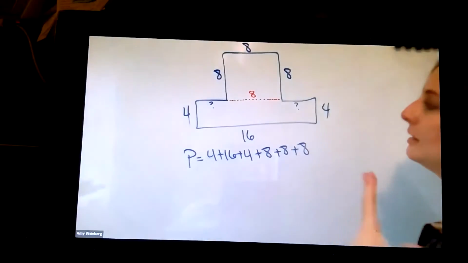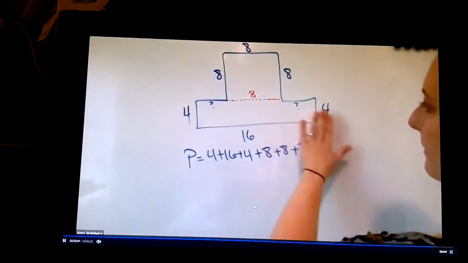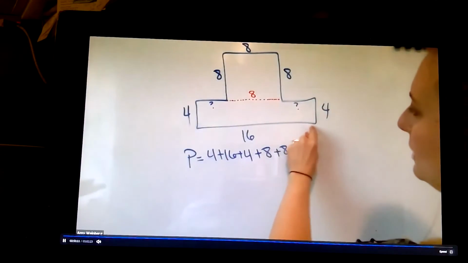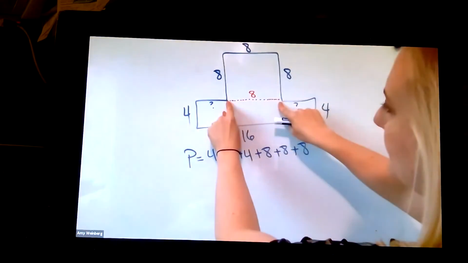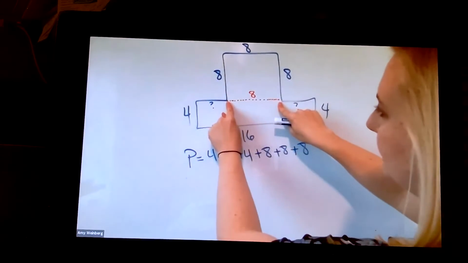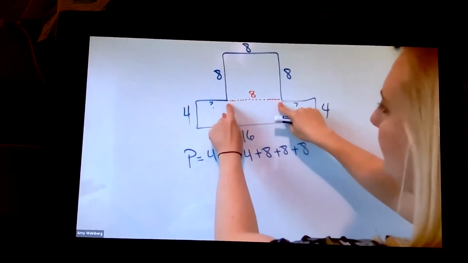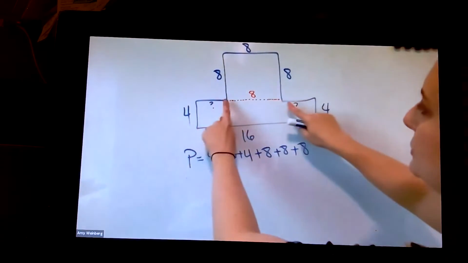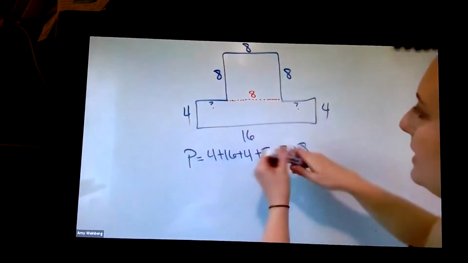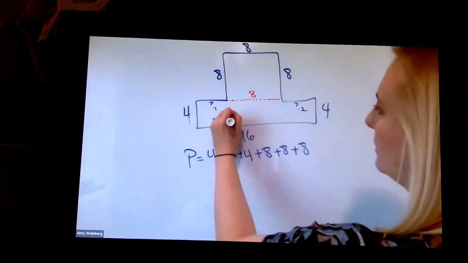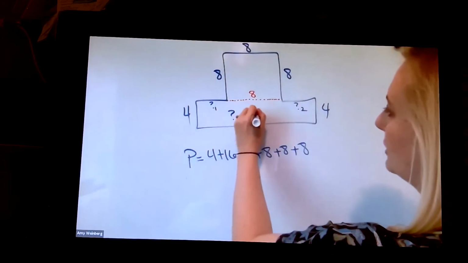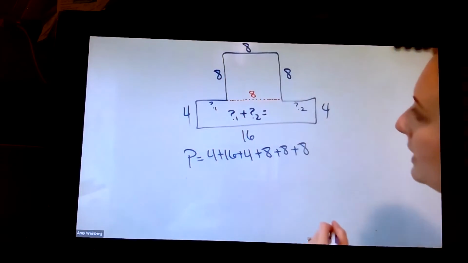Do you agree that I'm at a struggle point right now? Okay, but let's look at what I do know. I know that this whole line is 16, and I know this dotted line is 8, right? So that means I know that whatever these 2 question marks add up to be, so question mark 1, question mark 2. So question mark 1 and question mark 2 have to equal what?